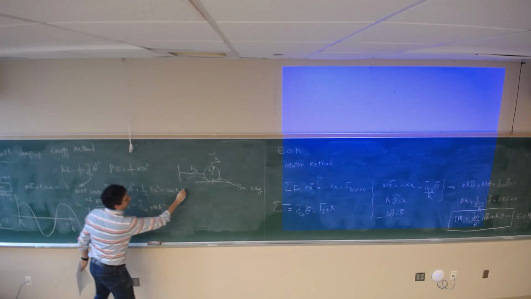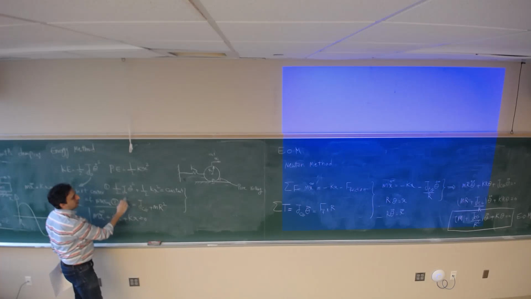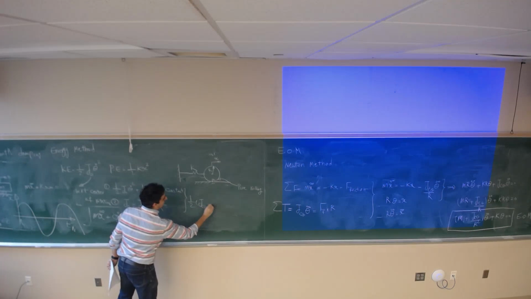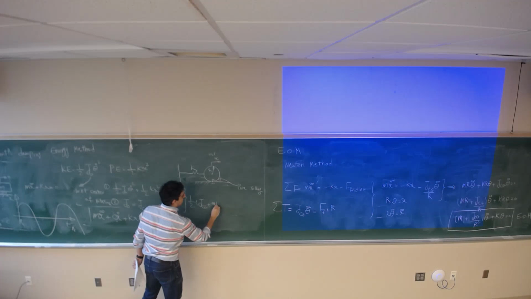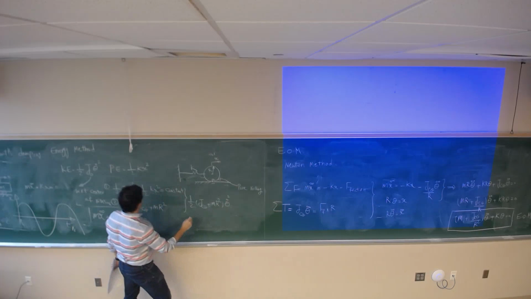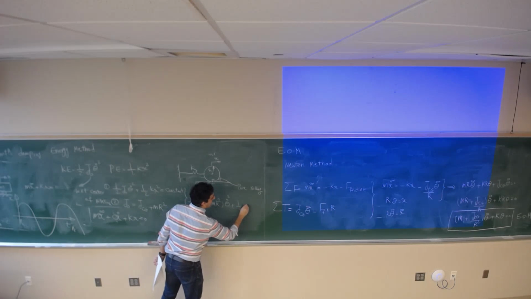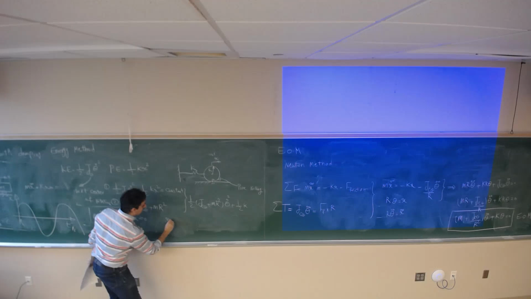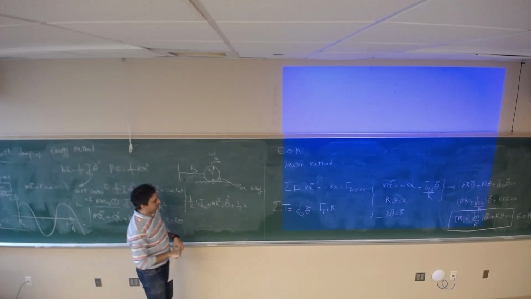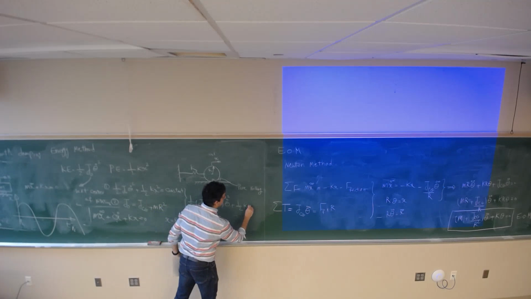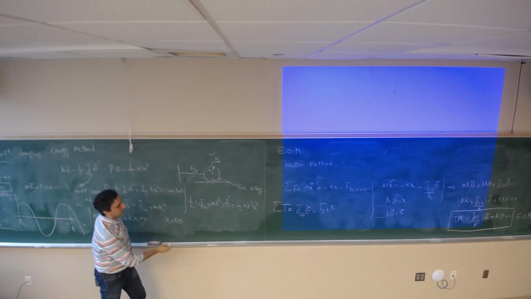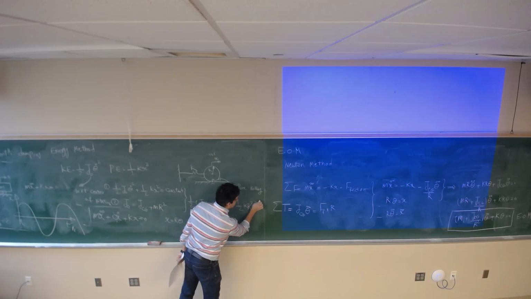So if I replace J naught by this, I'm going to get half of (J center of gravity plus m r squared) times theta dot squared plus half of k x squared. x is r theta, we used that over there. So x squared would be r squared theta squared.